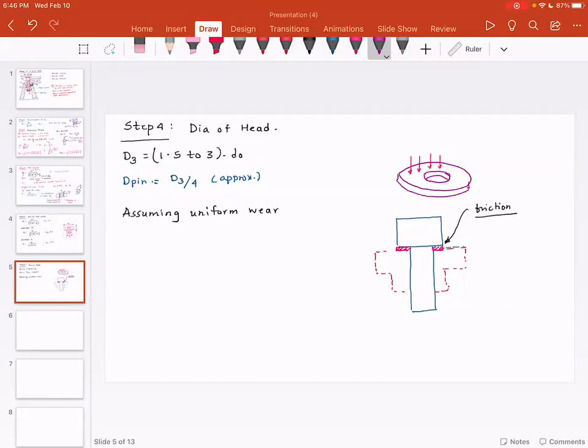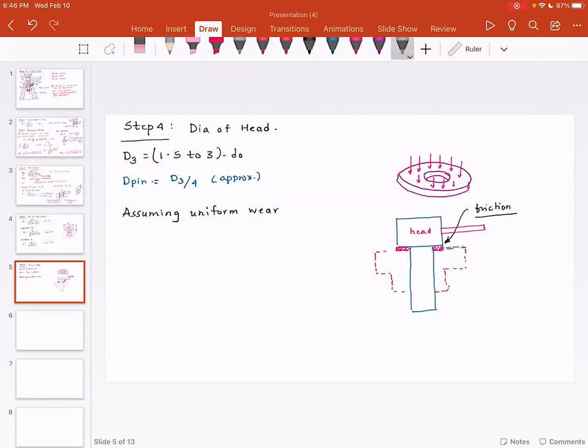And imagine that once we rotate the handle, the relative contacting surface between the plate and the head starts moving. So you have this handle, this is the head, and if you rotate the handle, the head would rotate.